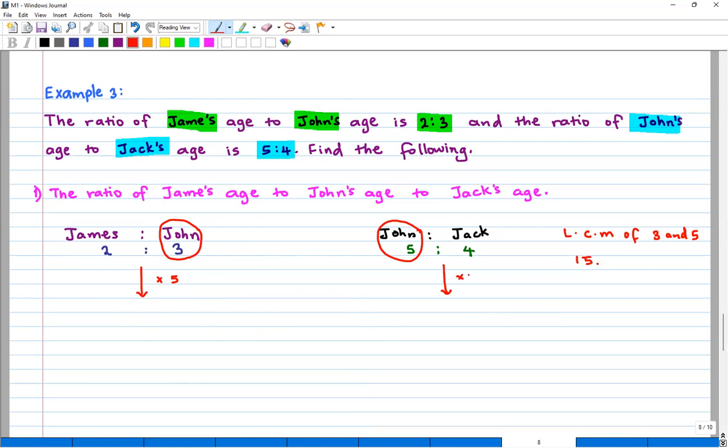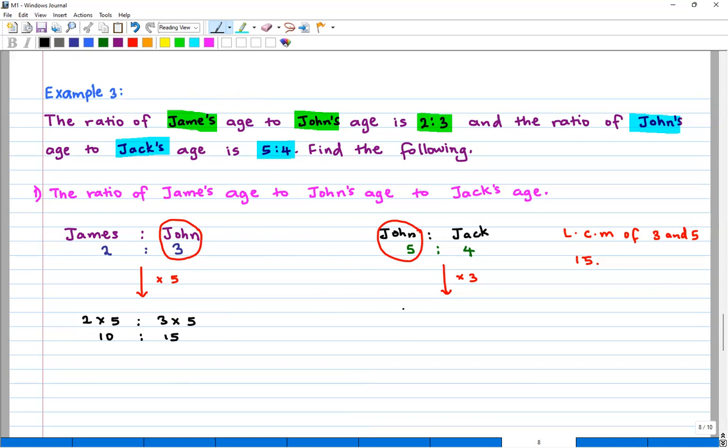Of course, that is 3. Now, let us rewrite the ratios. This ratio of 2 to 3 will become 2 times 5 to 3 times 5. And this will be 10 to 15.